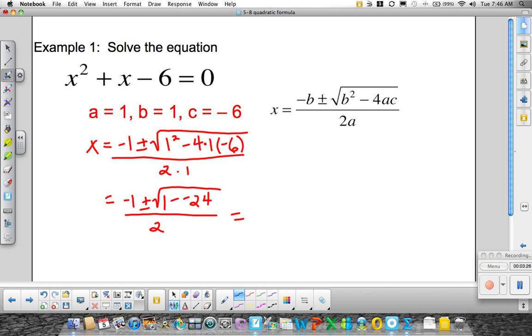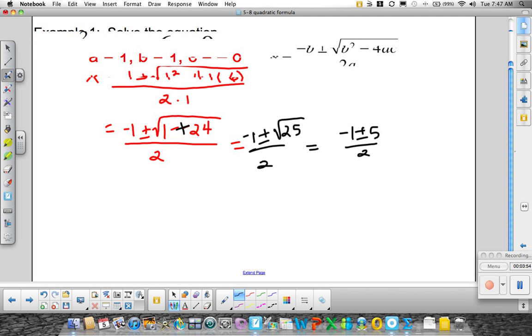So inside my square root, 1 minus negative 24 becomes 1 plus 24. So we'll have 25 inside the square root, but we were adding or subtracting that from negative 1, and all that was over 2. So the square root of 25 is 5. That means we have negative 1 plus or minus 5, all over 2.